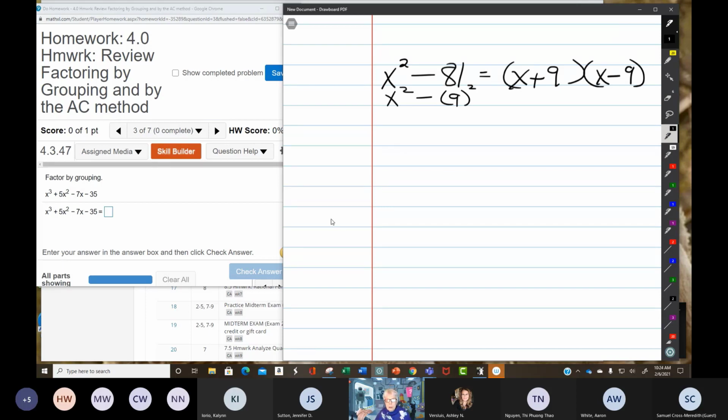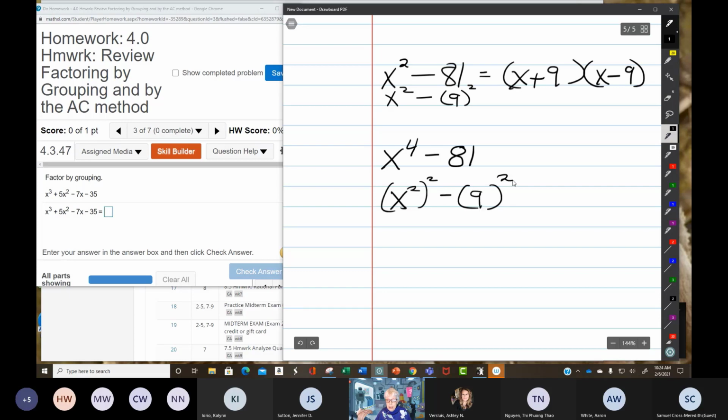Now I want you to watch one more thing. X to the 4th minus 81. Okay. Well, this actually is perfect squares. This is x squared, squared, minus 9 squared.